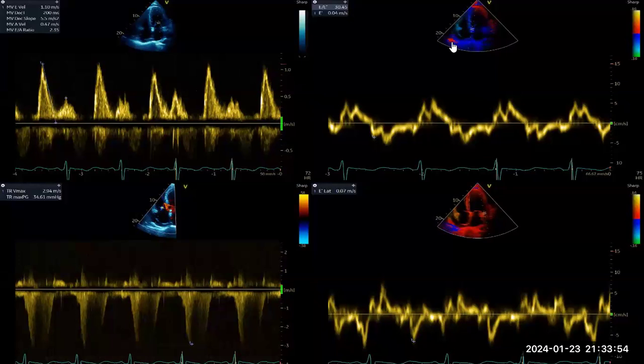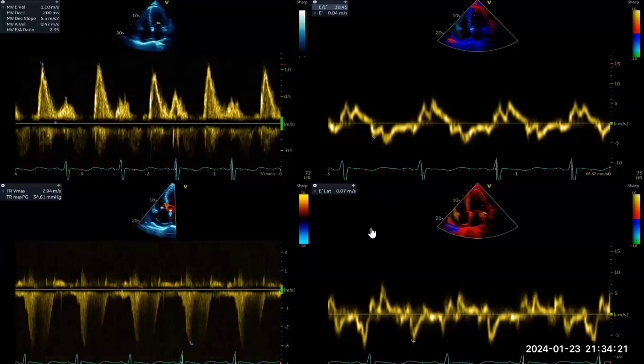Is it clear, guys? At 5. Yes, exactly. So the medial E prime is 5, while the E over E prime on the medial side is almost 30. So this cannot be normal, am I right? Yes. So now we are talking about advanced dysfunction. So 3 to 4, excellent.